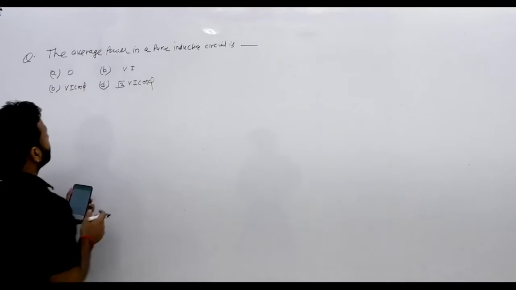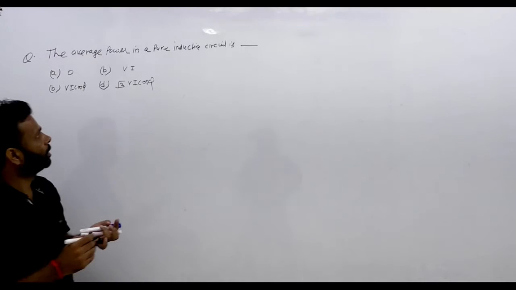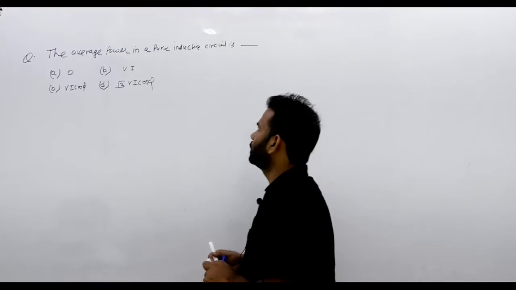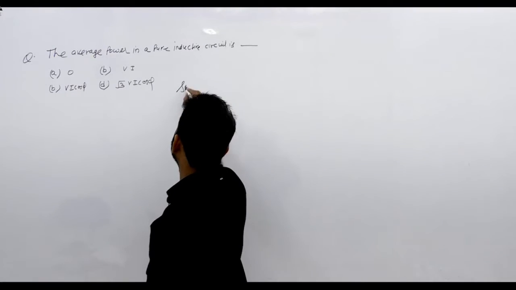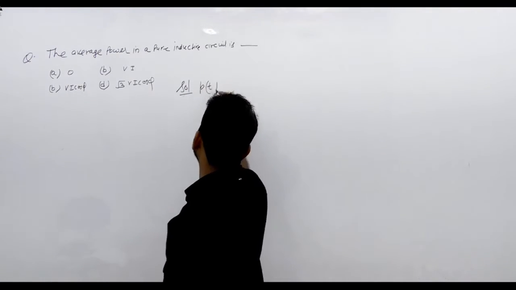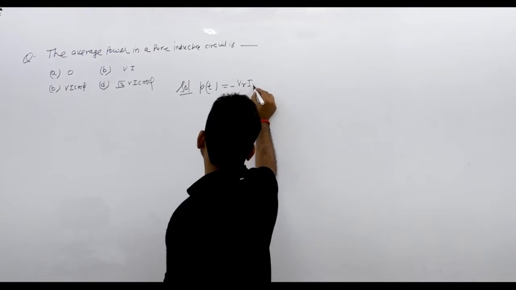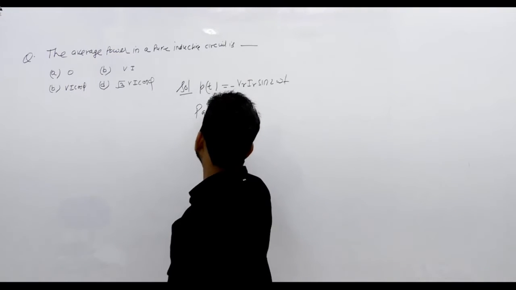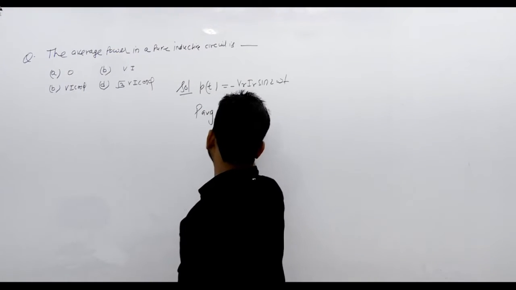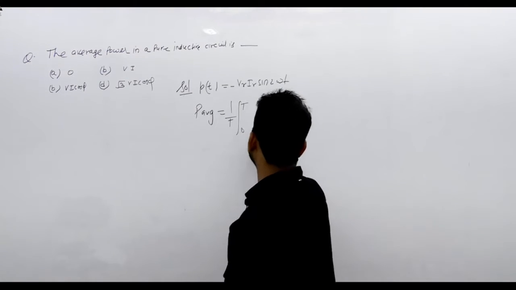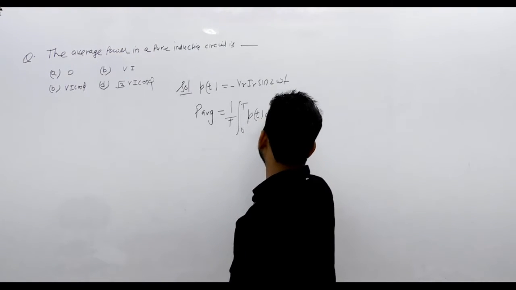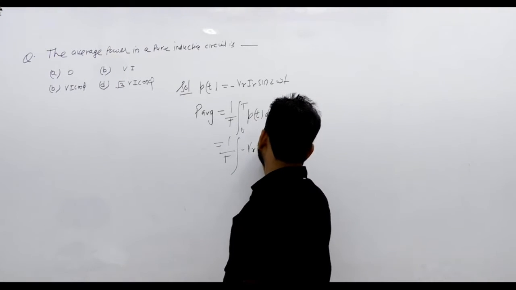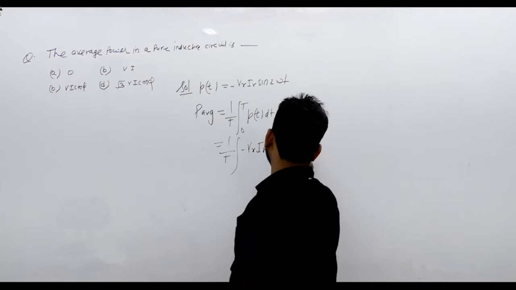ठीक है, so in a purely inductive circuit the average power is, so if you see the formula in the solution, the instantaneous power is, if you remember, minus Vrms Irms sin 2 omega t, and if we take the average of this, average equals 1 by T integral 0 to T of p dt, then you will just put this value, 1 by T times minus Vrms Irms sin 2 omega t.